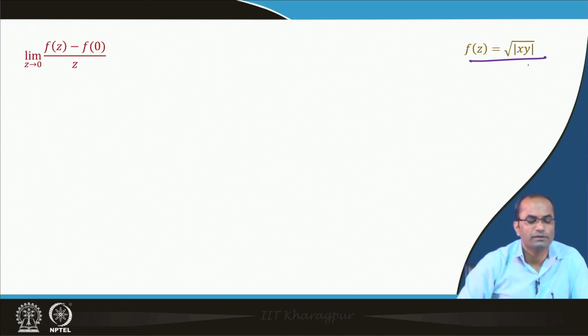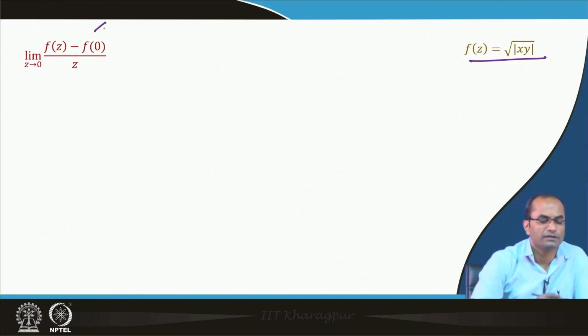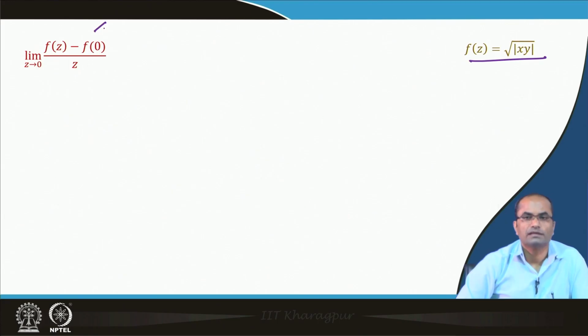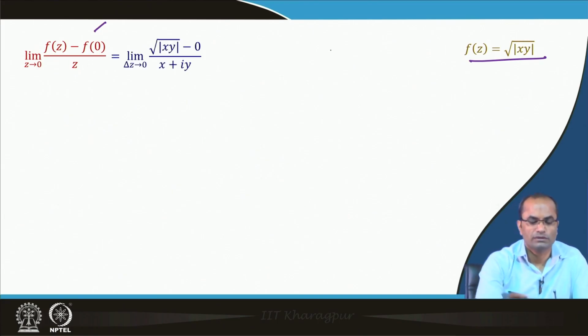So, for the differentiability, if we want to check its differentiability at z equal to 0, we need to again apply this fundamental definition, (f(z) minus f(0)) divided by z. So, this f(z) is the square root of the absolute value of xy, minus 0, and then we have x plus iy.